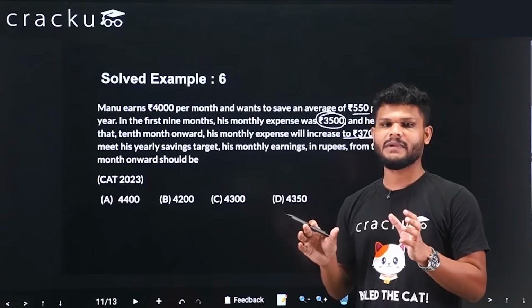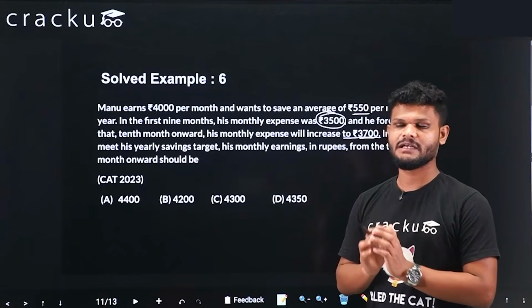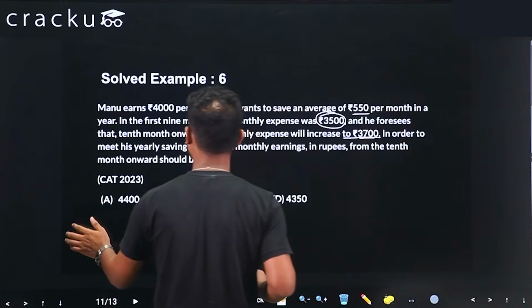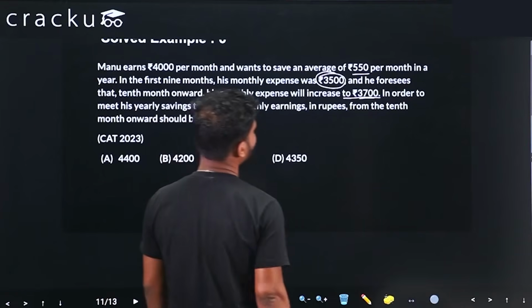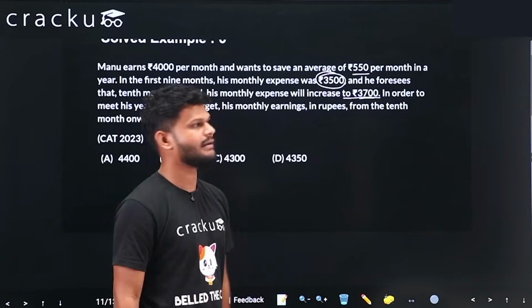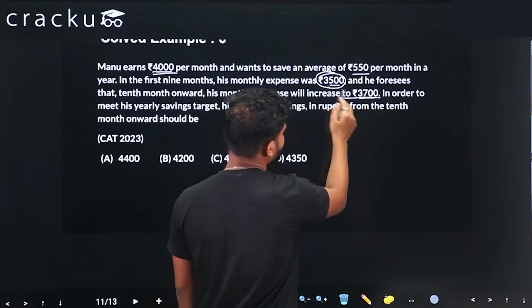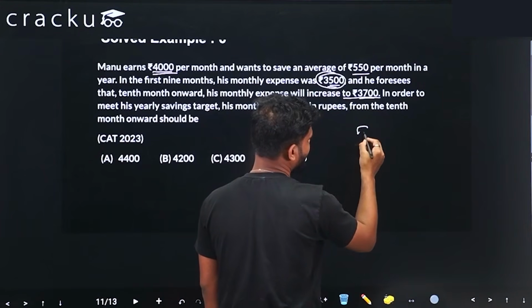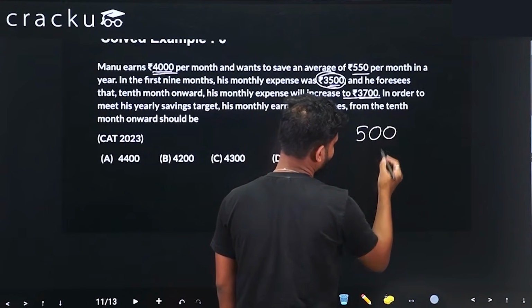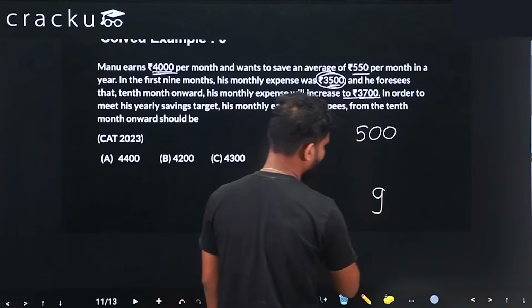two groups are combining and the average is falling in between them. How? In the first 9 months, what is her monthly saving? Her monthly saving is nothing but 4,000 minus 3,500. So this 500 is there for the first 9 months.